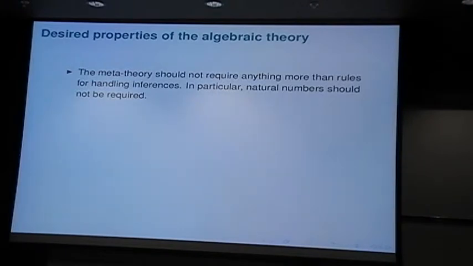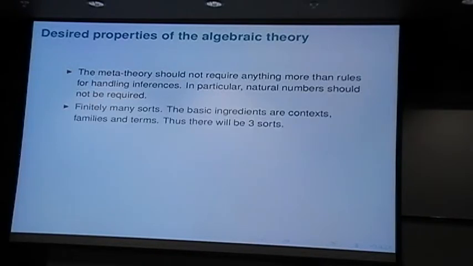That should be strong enough to give you type dependency. Whereas in usual formulations, you see at some point natural numbers popping in to talk about dependent contexts, for example, or to talk about contexts of arbitrary length. That's not in this system.